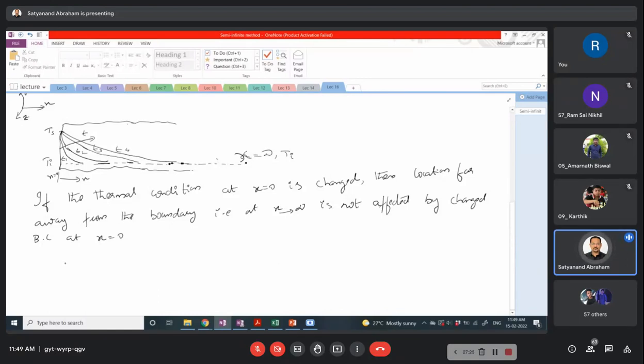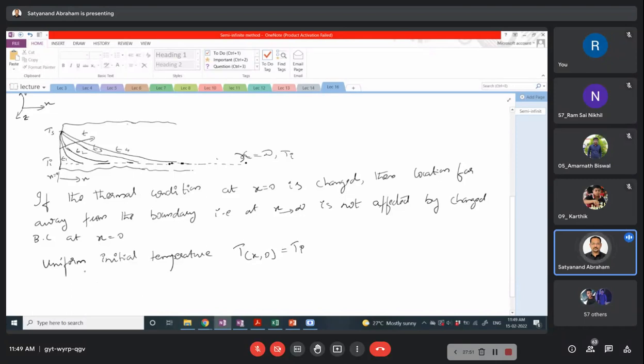So, uniform initial temperature. That means T at any x, at time t equal to 0, is equal to Ti.